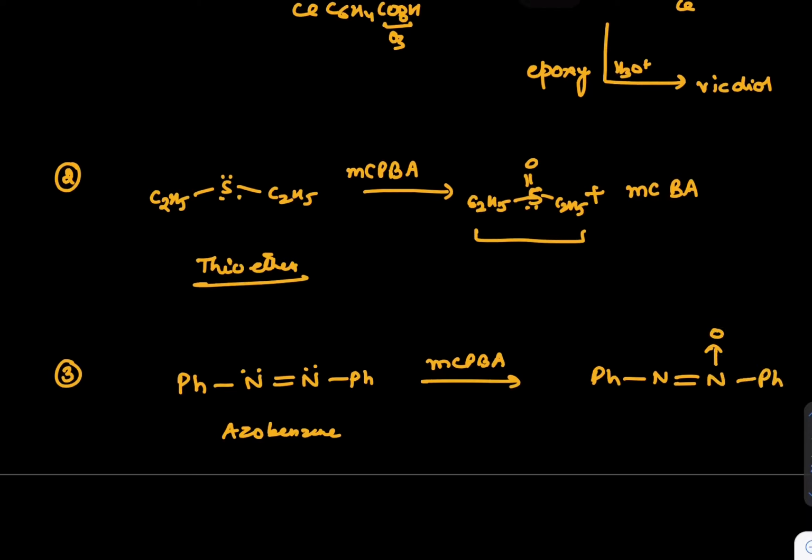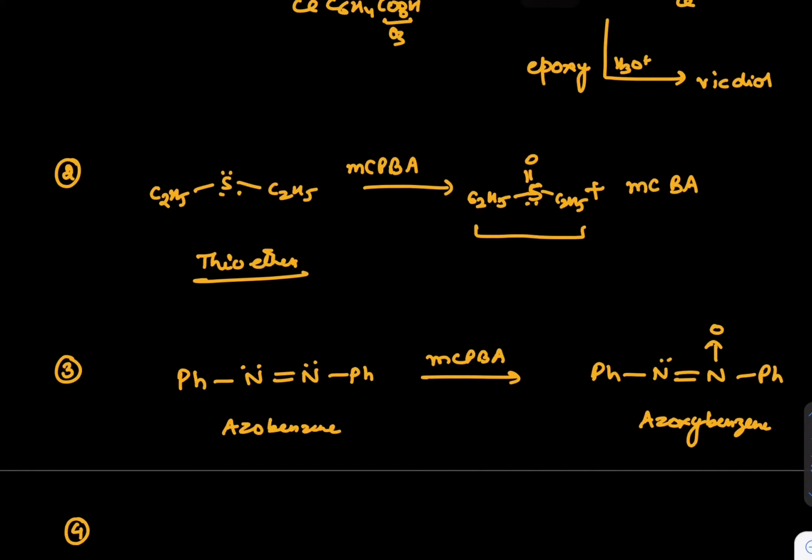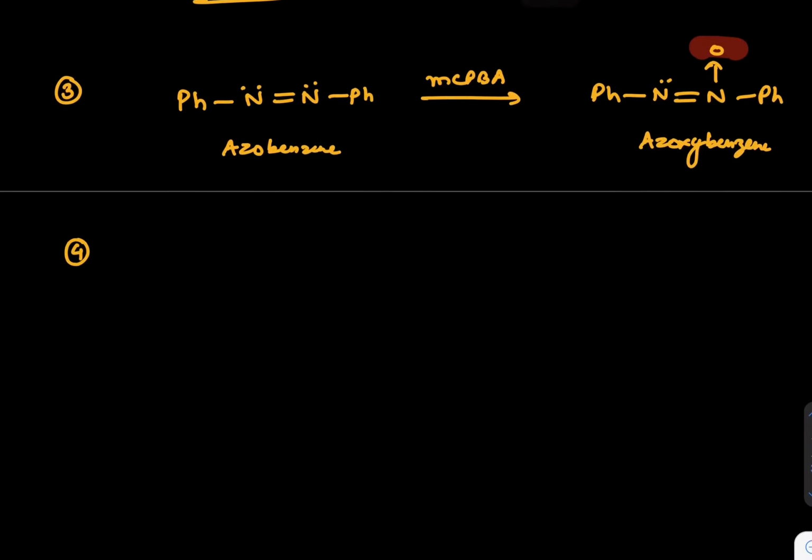So you are just joining oxygen to one of the nitrogens and everything else is the same. This is called azoxybenzene. These reactions are again important in amines also. If you observe the role, every time you are going to give O, O and O in these cases.